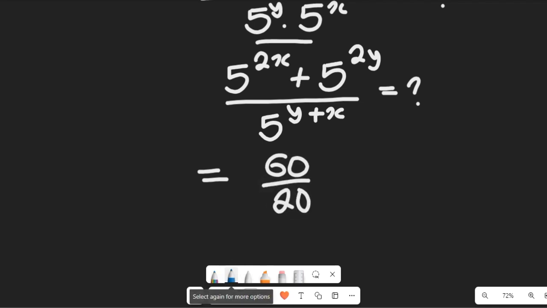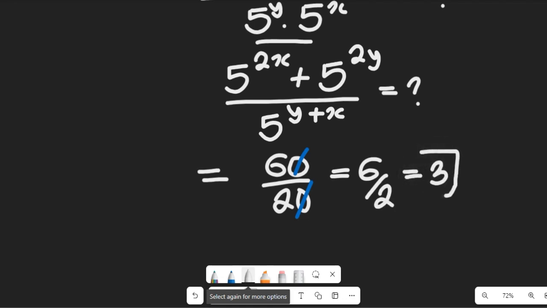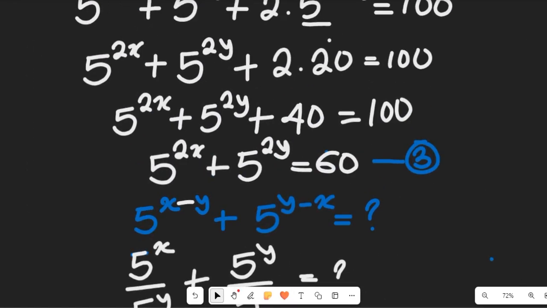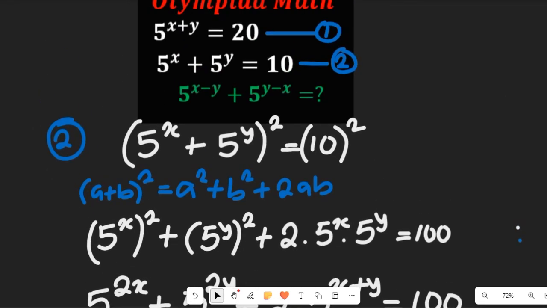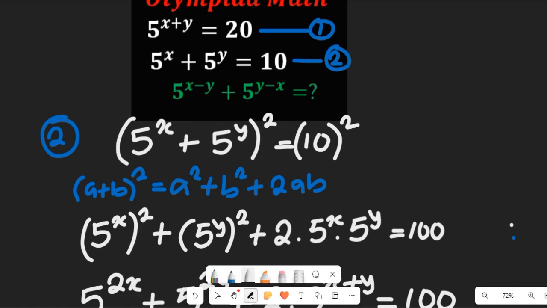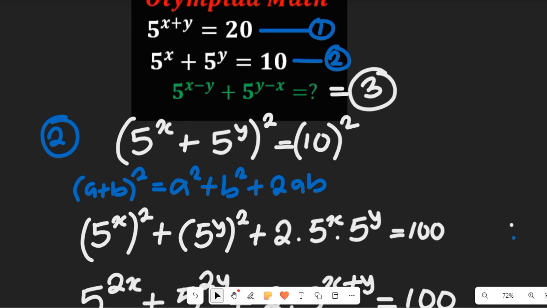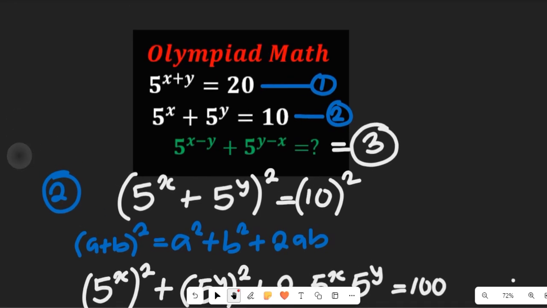And 60 divided by 20, if 0 cancels out 0, we'll be left with 6 divided by 2, and 6 divided by 2 is equal to 3. So that means the value of the expression given to us, 5 to the power of x minus y plus 5 to the power of y minus x, will simply be equal to 3. And that is the solution to this math problem.